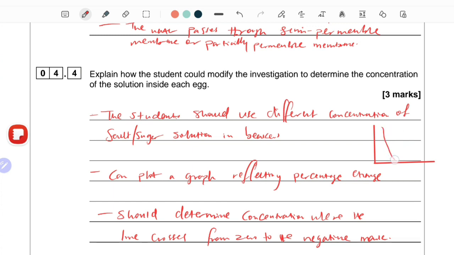If it goes like that, everyone around here means they lost mass, their mass reduced. Everyone around this positive side means they gained mass. Something like that. But you can only do that if it has different concentrations, because you're going to have a place with one concentration, another one with what? With percentage change, as it were.